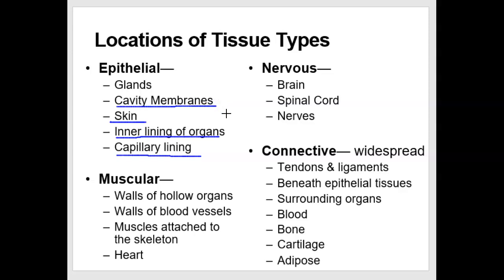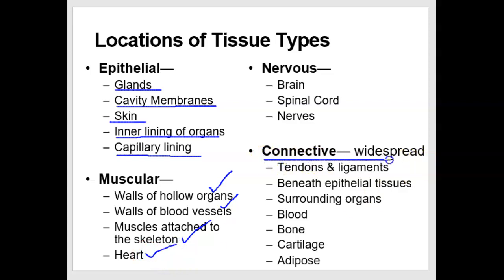So we learned about the peritoneum, the pleura, the pericardium. It has an epithelial tissue in it. And glands are made up of epithelial tissue. Muscular tissue, I've mentioned most of these. The walls of hollow organs and larger blood vessels have smooth muscle. The muscles attached to your bones obviously are made up of muscular tissue. The heart is made up of muscular tissue.